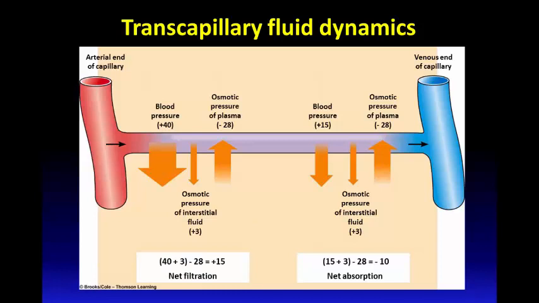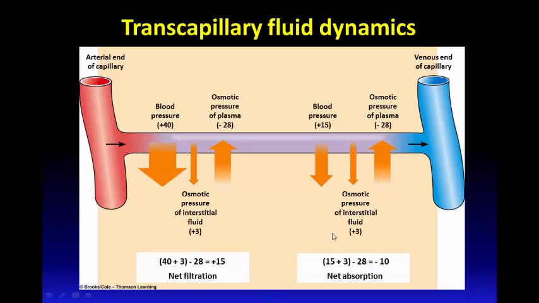Hence, the net pressures acting at the arteriolar end of the capillary are 40 plus 3, these are the filtration forces, minus 28, which is the force which opposes filtration. The net result is positive 15, so we have net filtration at the arteriolar end of the capillary.